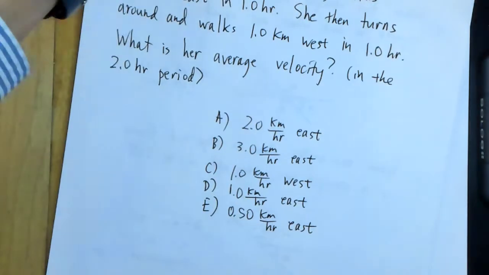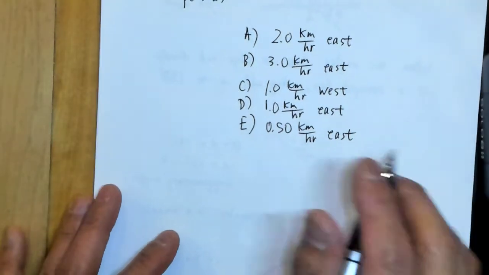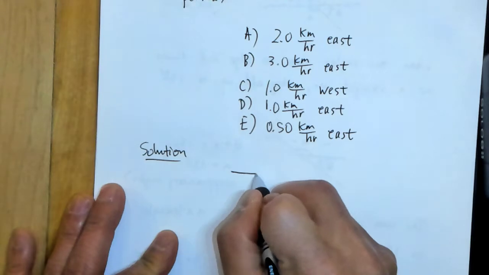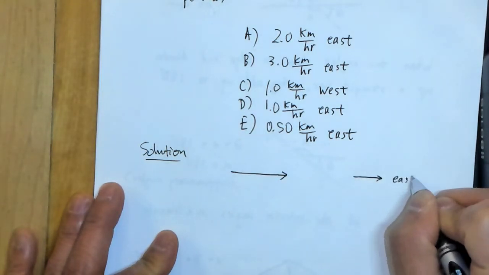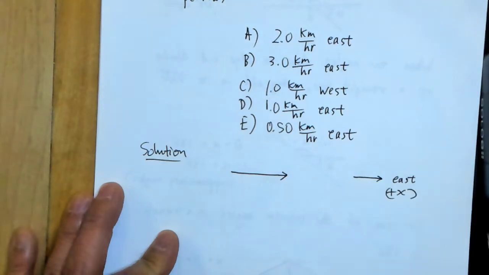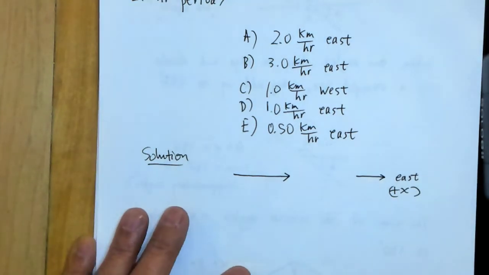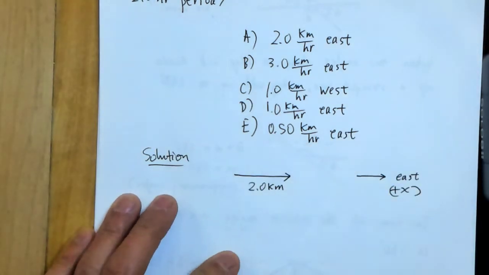Okay, so the suggested thing to do is to draw a diagram. So first of all, let's say this is going to be east. It's the positive x direction, let's say, is that way. But then first of all, the person moves 2.0 kilometers east.